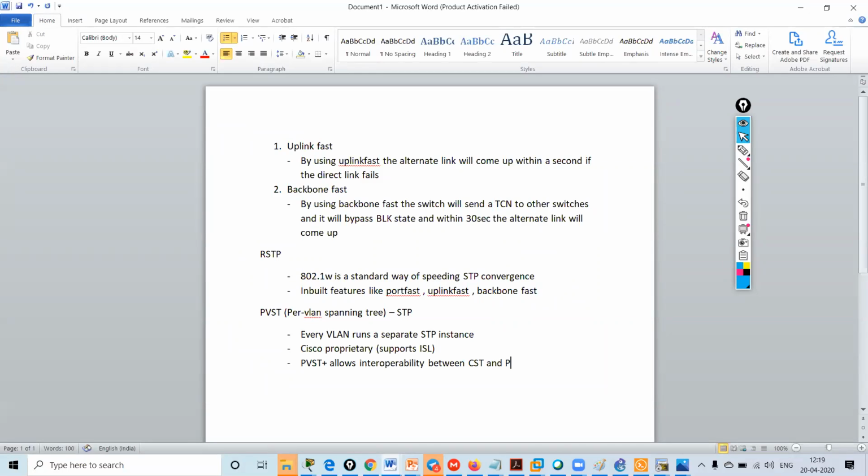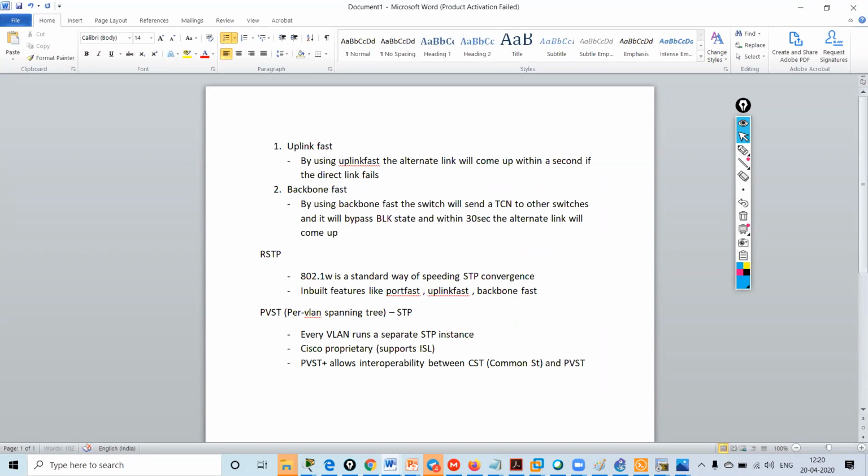Something introduced to overcome this was common spanning tree, where we make one switch the root bridge for some VLANs, and another switch the root bridge for other VLANs.